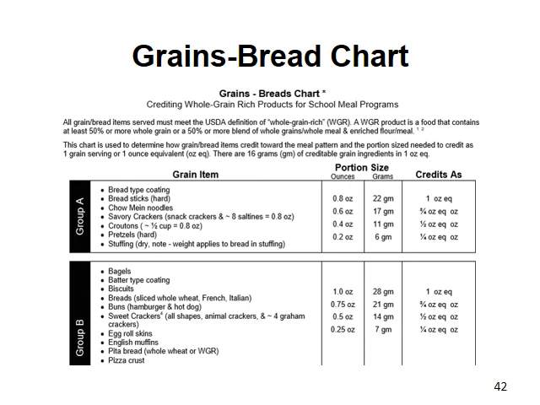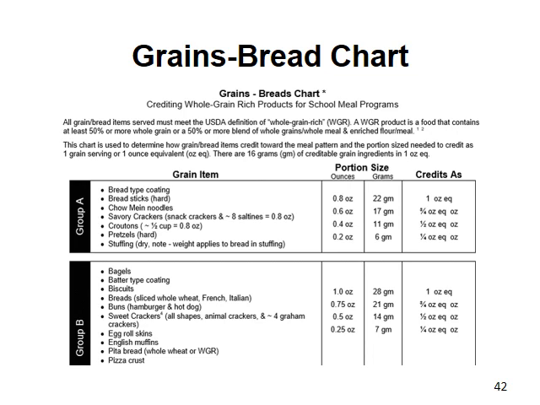We can determine how grain items contribute to meal pattern by what an item weighs and then finding which group the item is in. The chart shows different groups, types of grain items, their portion sizes in ounces and grams, and how the items credit.